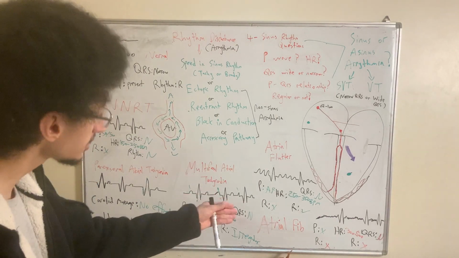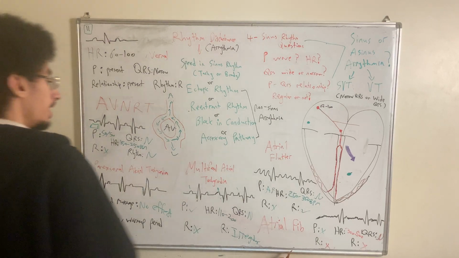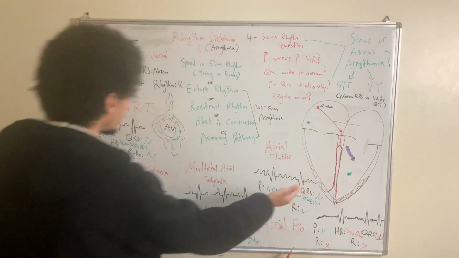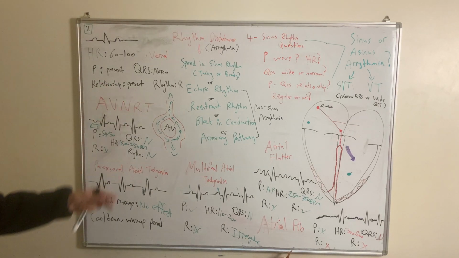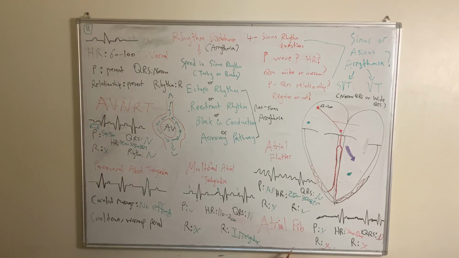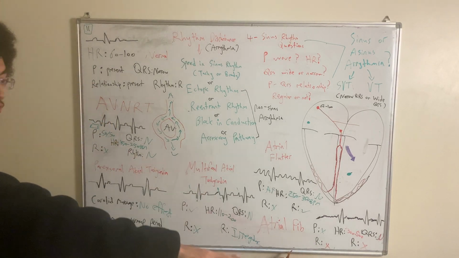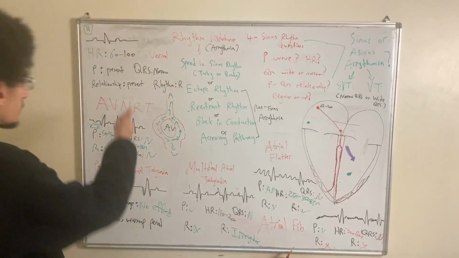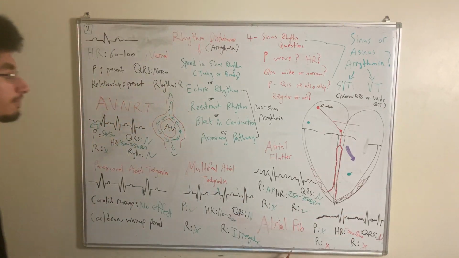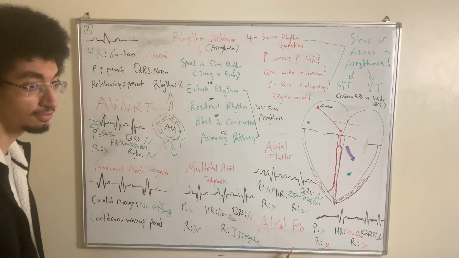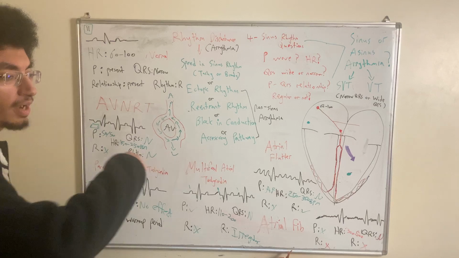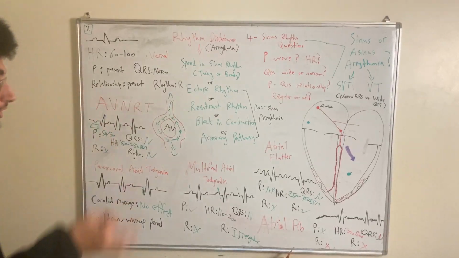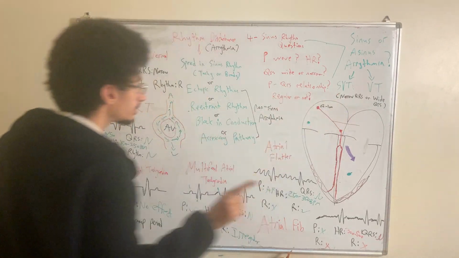This is how to diagnose atrial fibrillation, by asking yourself the questions for each arrhythmia: what is the P wave, the heart rate, the rhythm, the relationship, and the QRS. If you notice, now that we finished with atrial fibrillation, all of these will have a P wave. But this P wave can be retrograde, it might have a different shape, or it might be hidden. What is guaranteed is the QRS will always be narrow.